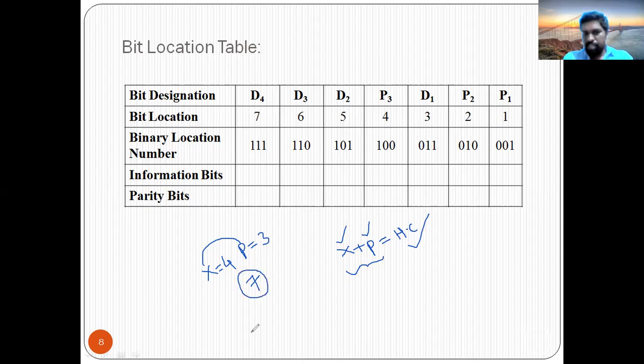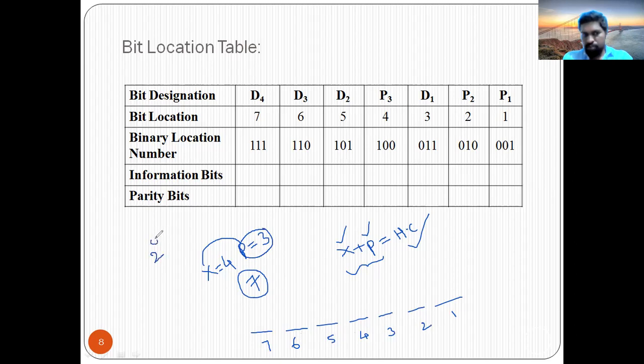Among the 7 bits, take 7 positions: 1, 2, 3, 4, 5, 6, 7. Write down the numbers here, you should write from right to left. Now, as I said, the value of p is equal to 3, and the parity positions will always be in powers of 2.